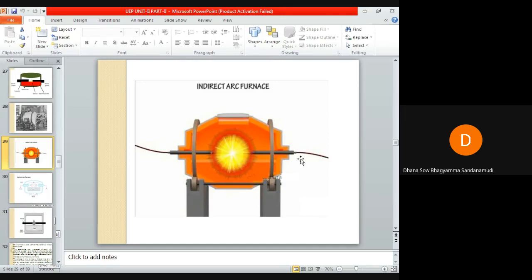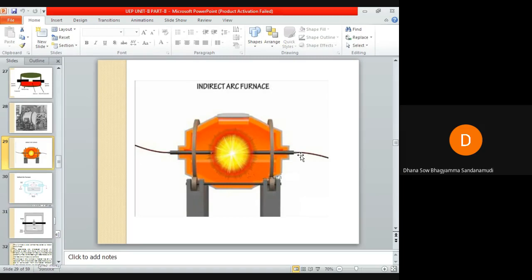So the feeding of the electrodes from both sides must be continuously done. We must make sure that the arc does not extinguish between these two electrodes. In order to avoid this, the electrodes must be continuously fed from both sides into the furnace.